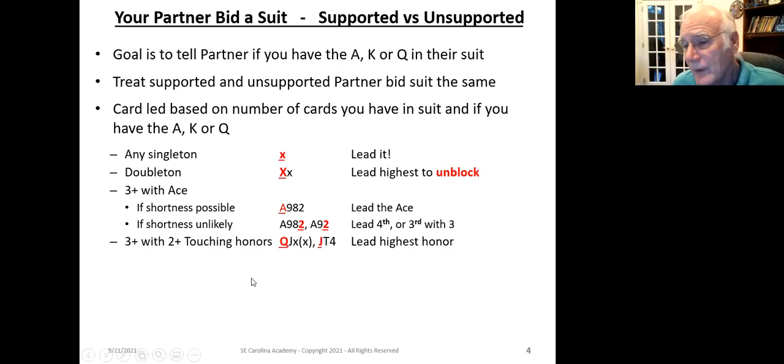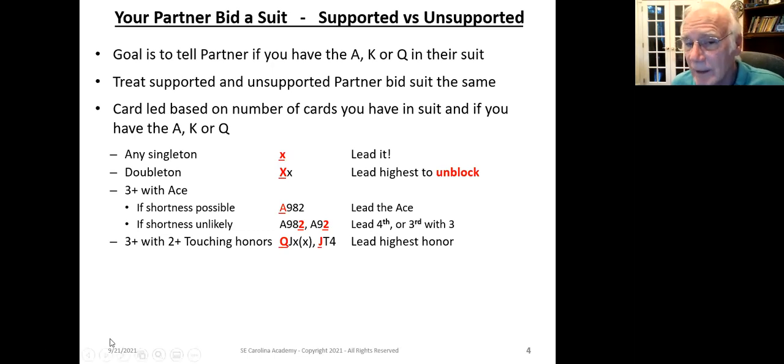Now, if you've got two touching honors in your partner's suit, the Queen-Jack, for example, or the Jack-10, you're going to lead the highest first. That's with two touching honors. Then, if that trick holds or you get back to the lead later, you're going to lead the next honor. In the situation with Queen-Jack, you led the Queen first, then you're going to lead the Jack.